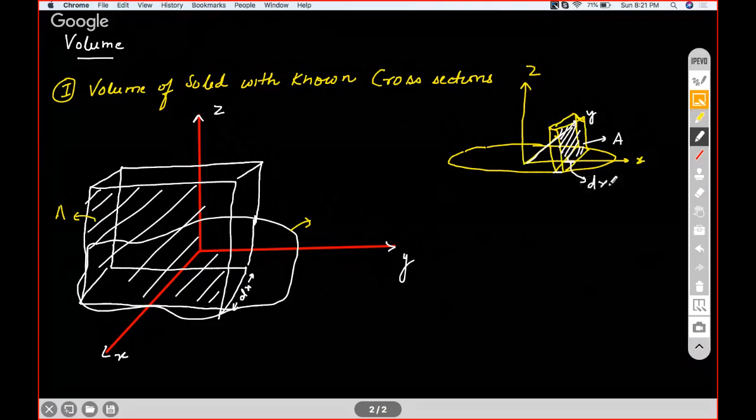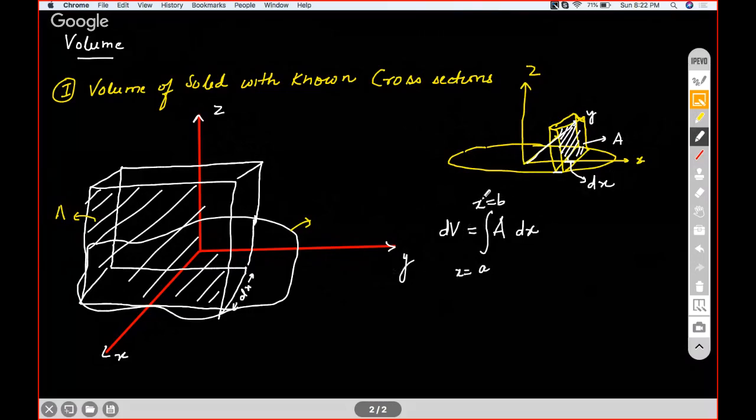And you're trying to find out the volume of this entire structure which has been laid on the base of this circle. Then it's very obvious that for a regular structure like this, the volume dV would be nothing but A dx, this area given to us into the differential thickness along the x-axis. And this is what we need to integrate from a given value x equal to a to some value x equal to b.